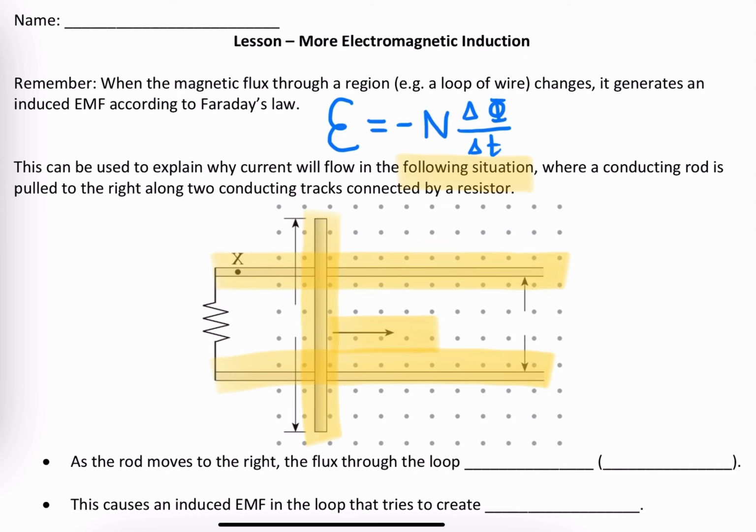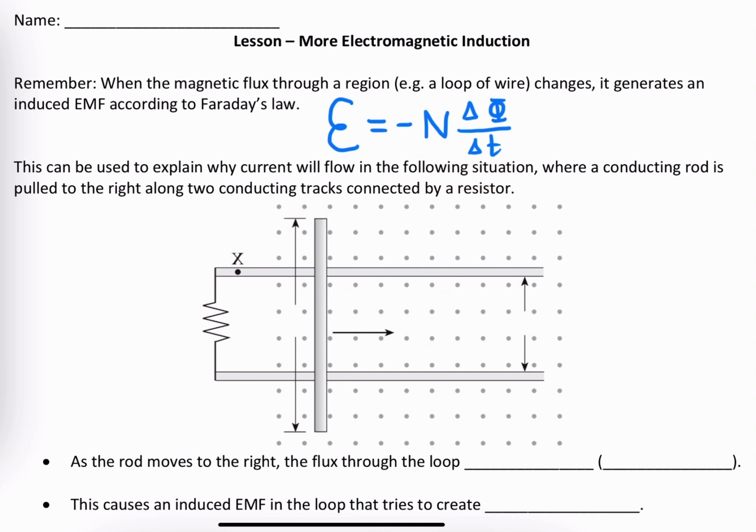And they're connected at the back here by a resistor. So applying Faraday's law and Lenz's law, we can see what will happen in the situation. And note that all of this is happening with this magnetic field here in the backdrop coming out of the page towards us.